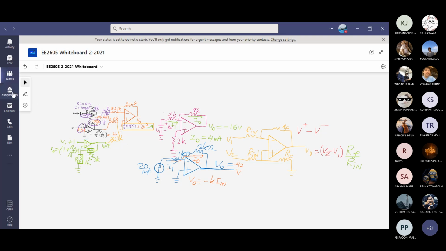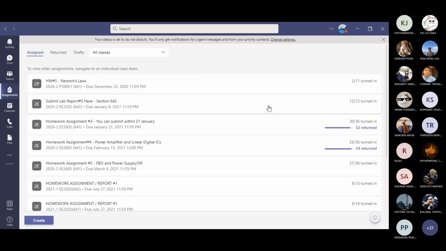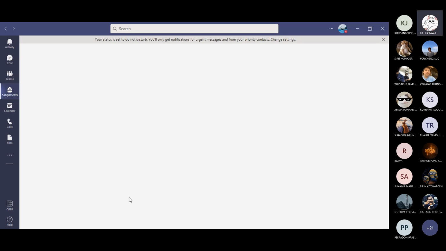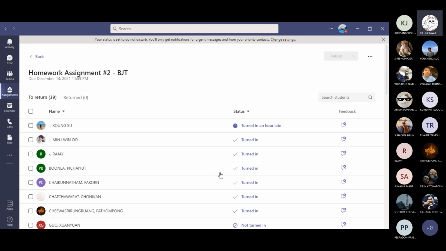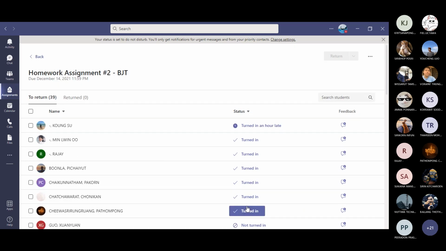This is how I view it. As a teacher, this is how I view it. Can you see my screen? Yes, sir. So I see who has turned in and who has never submitted. Based on that, you get a score or no score. And then to return, I have not returned it to you.